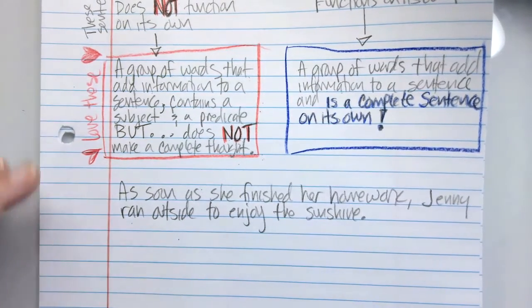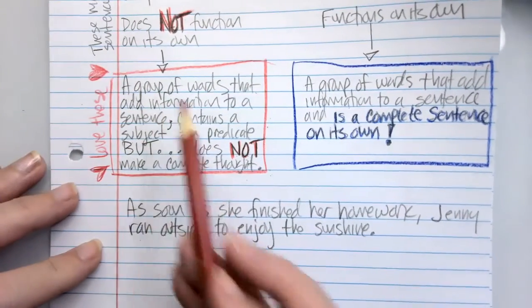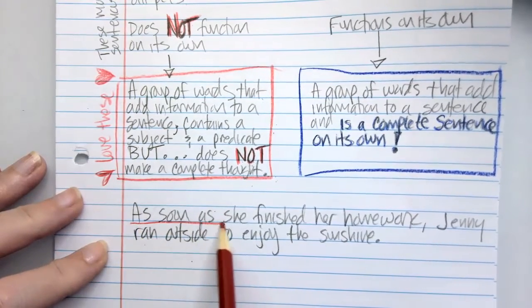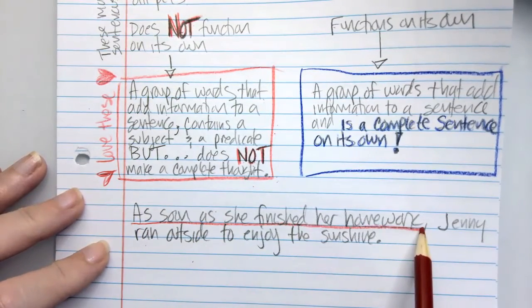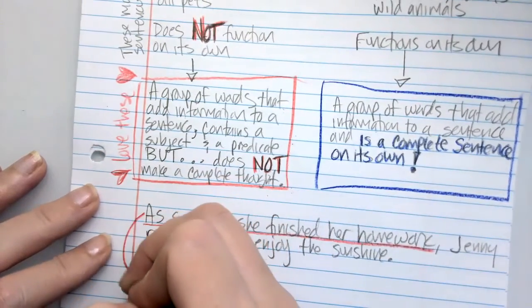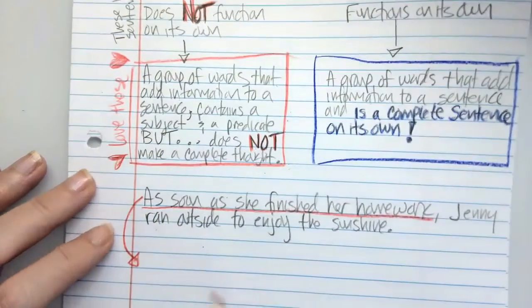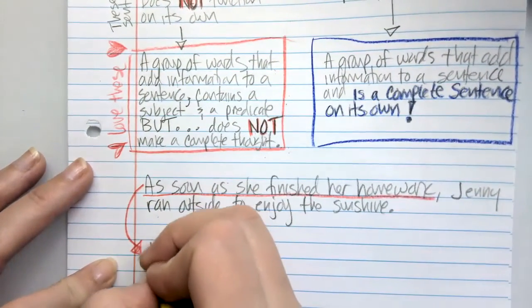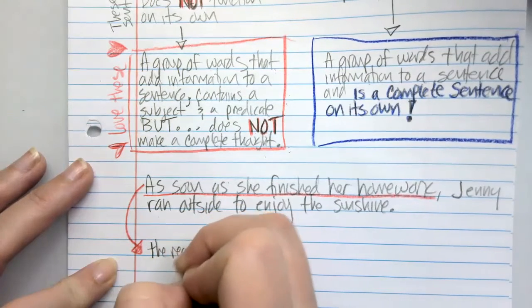I am. Well, let's go ahead and underline that red because it does not make a complete thought. We are left wondering what, right? As soon as she finished her homework, we're going to underline that in red. We're going to draw a red circular arrow here. And then we're going to write, the reader is left wondering.